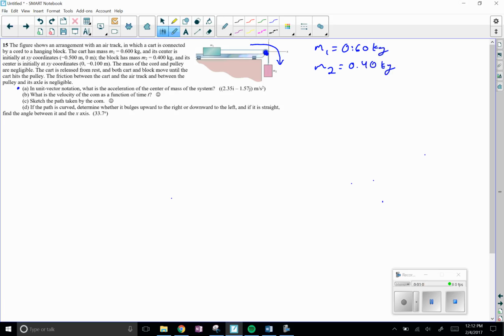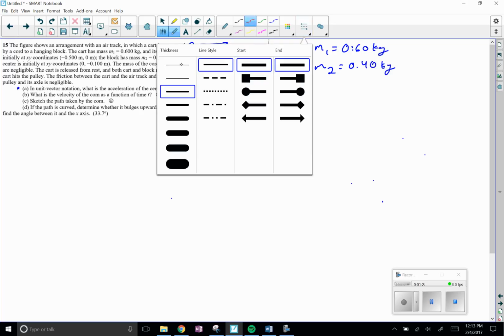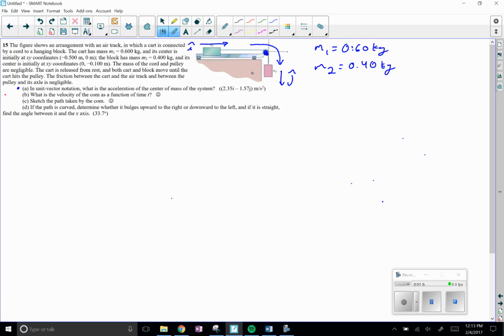What's going to happen is mass 1 is going to accelerate this way in the I direction, and mass 2 is going to accelerate this way in the J direction, but with equal accelerations, right? So, let's see what we got here. Keeping in mind our systems method that we learned before, the only force that's going to affect our system is the force of gravity pulling mass 2 down, and that force is 0.4 times 9.8, so that's 3.92 newtons.